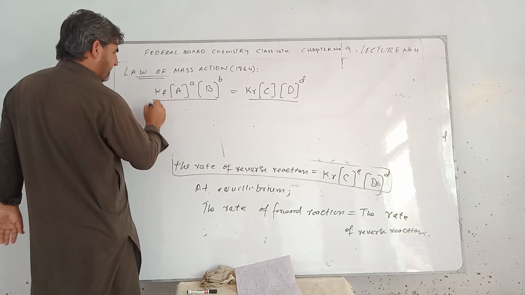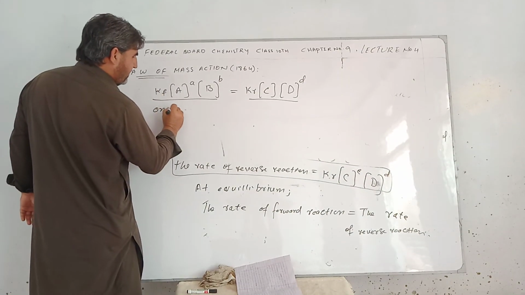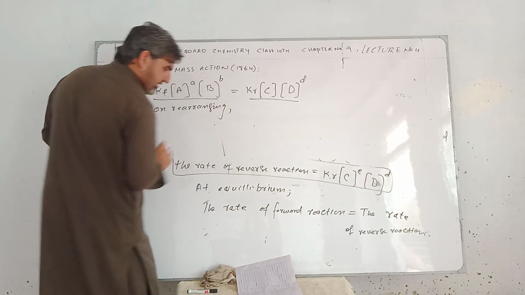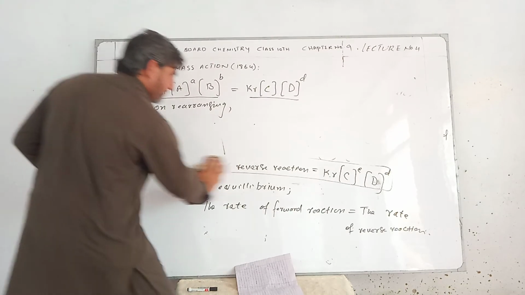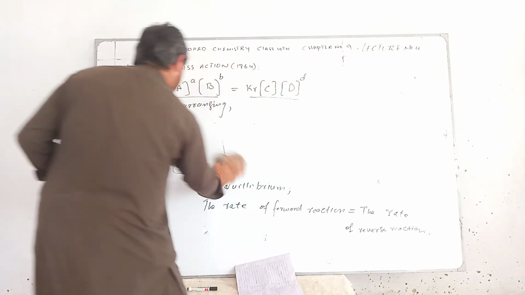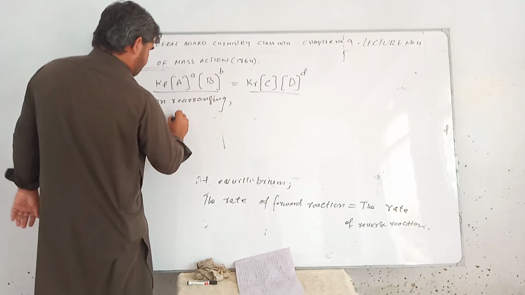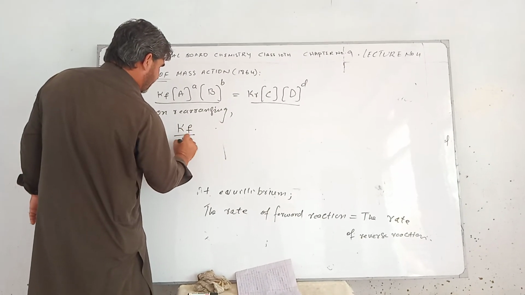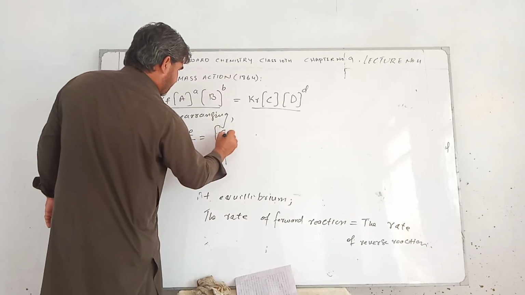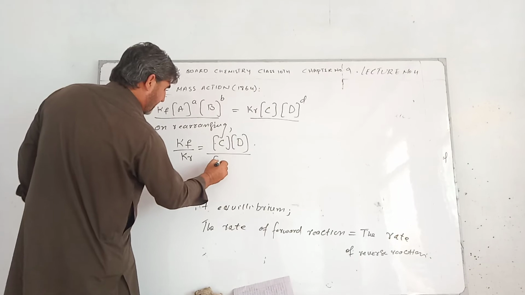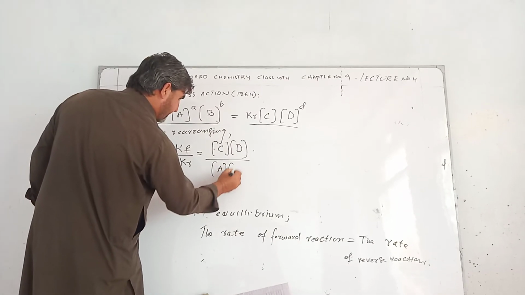After rearranging, this will be written in a very simple form: Kf divided by Kr equals the concentration of the products divided by the concentration of the reactants.